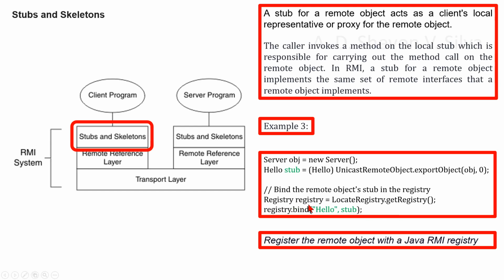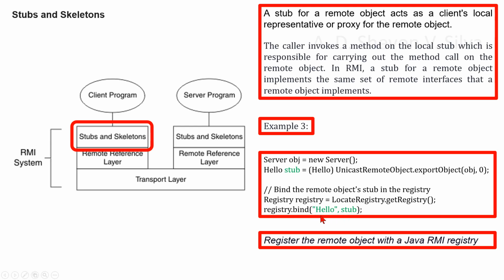The bind method is then invoked on the registry stub in order to bind the remote object stub to the name hello in the registry.